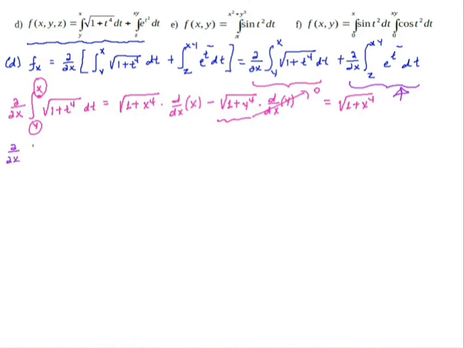So the partial derivative of the integral from z to xy e to the power of t square dt, using the fundamental theorem: we substitute xy for t, giving e to the power of xy the whole square times d by dx of xy, minus now we substitute z for t, giving e to the power of z square times d by dx of z.